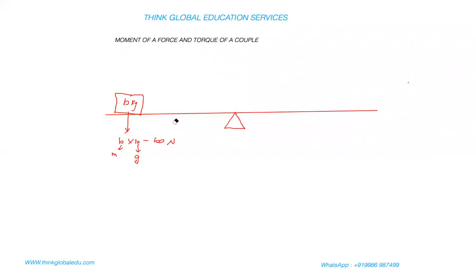Now on the other side, I can apply another weight. Now the distance between the pivot and the line of action of this weight would be equal to 10 centimeters.